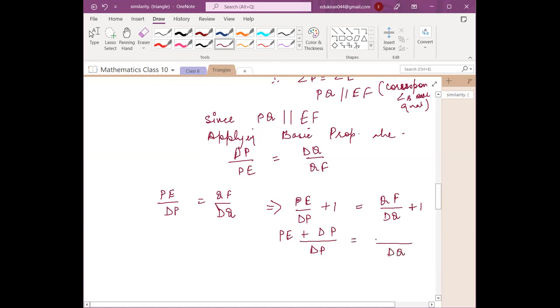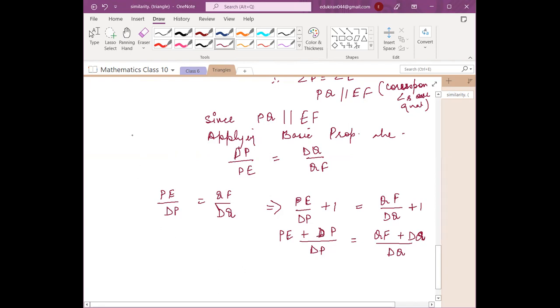If you have any confusion in any step, please tell me. Rida, any problem here? No, ma'am. Okay, because I have 1 in the denominator, that will be multiplied by DP and that DP will go in the denominator. So I'll have it like this.